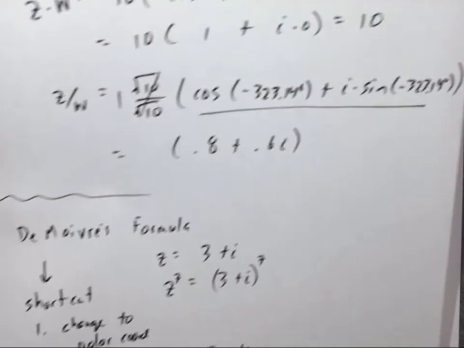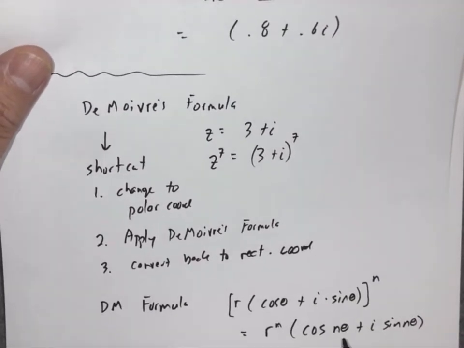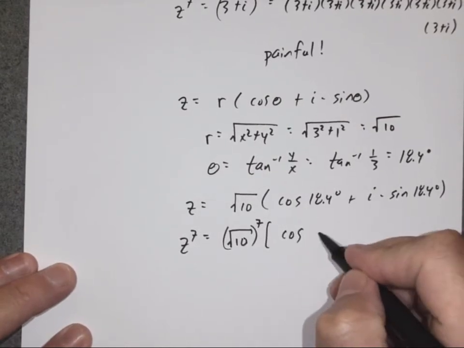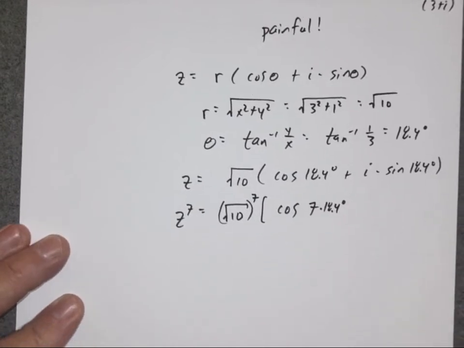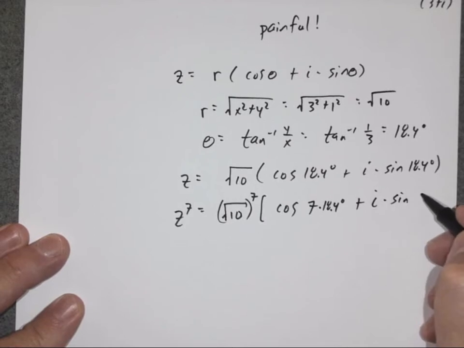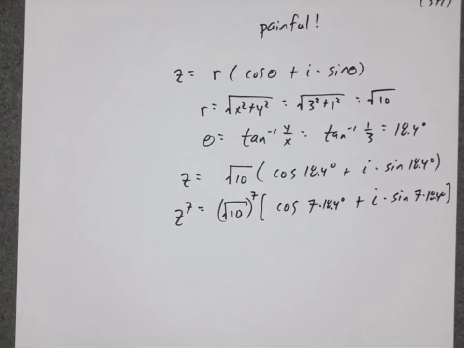And then cosine of n times theta. Once again, n is 7, so cosine of 7 times 18.4 degrees plus i times sine of 7 times 18.4 degrees. Let's just go ahead and change these into numbers.